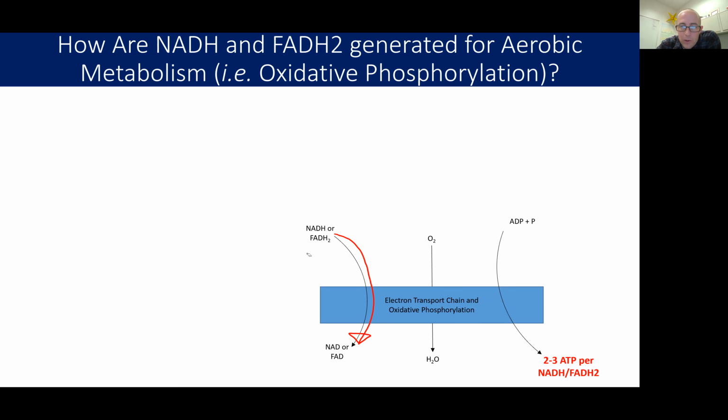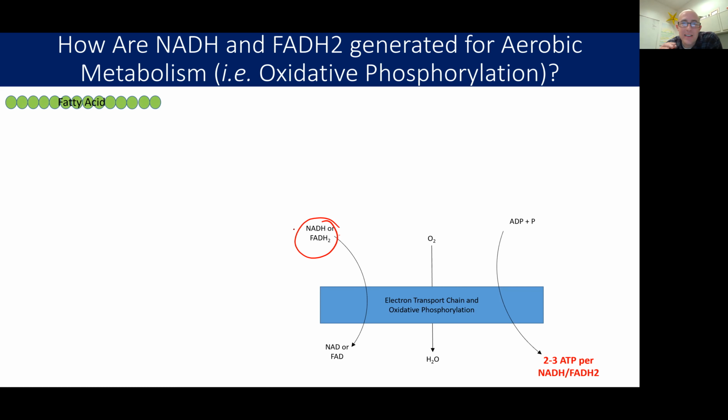At the same time, we're consuming oxygen, but the main thing here is that we're going to get ATP out of all this process. So everything with your carbohydrates and fats is really, almost all of it, about getting NADH and FADH2. And with a fatty acid, you're going to yield a lot of these things.